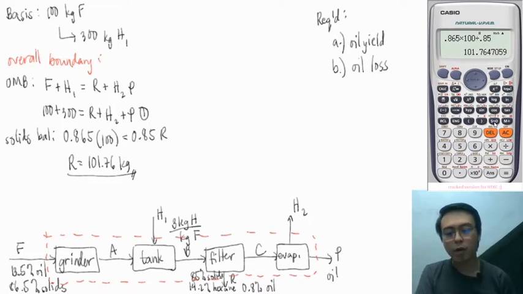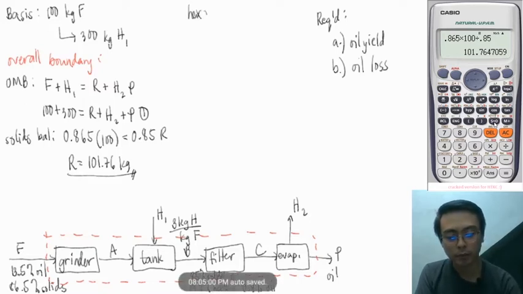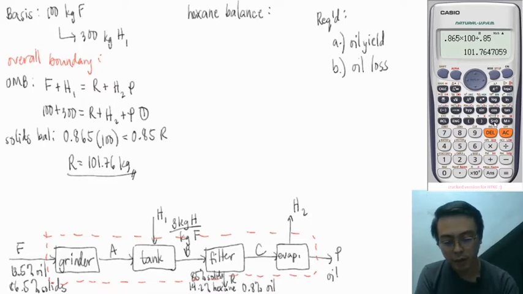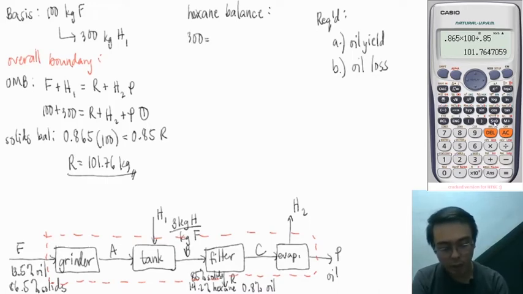Next, we now have the value of R. Let's see what else we can balance. We can also balance hexane. So let's try to balance hexane. Hexane coming in, that's H1. H1 is 300 equals, the hexane coming out is from H2 and from the residue.